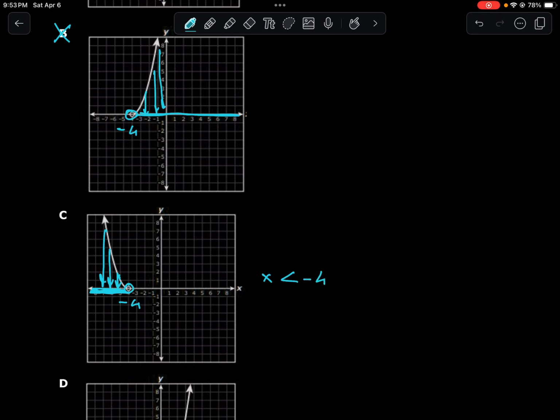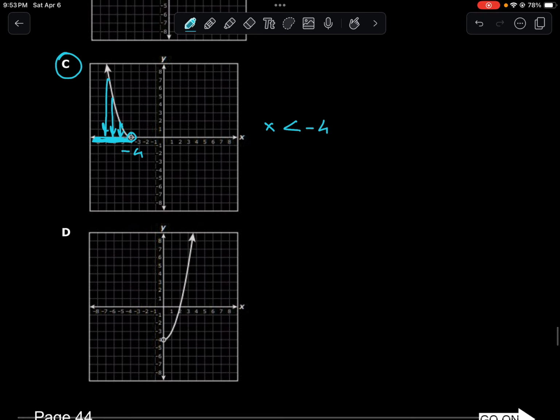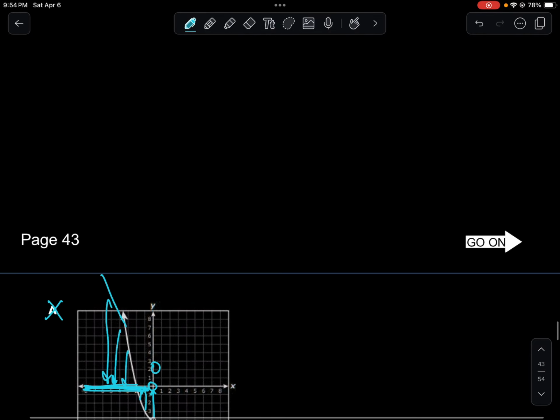The -4 is excluded, so it's not equal. It looks like this is the answer, but I'm going to check the other one just to make sure. This point is missing, so it doesn't project to anything. I'll put circles, and as I keep going here, I see that it starts at 0 going to the right. That's not it. So I have figured out it is C.